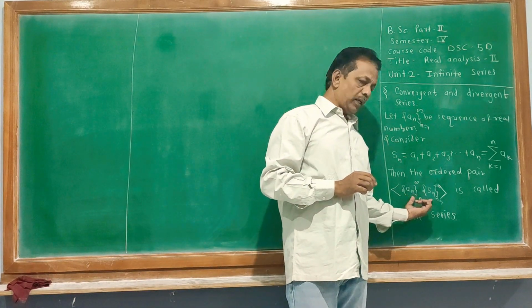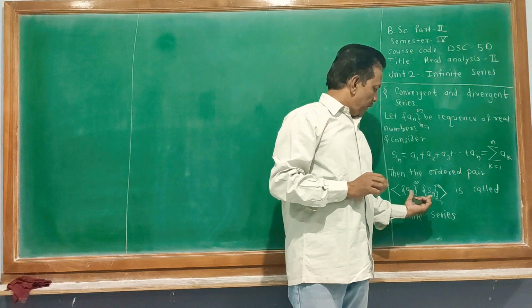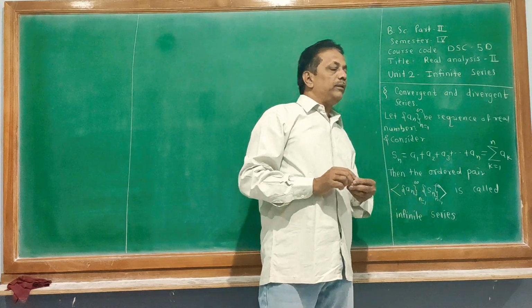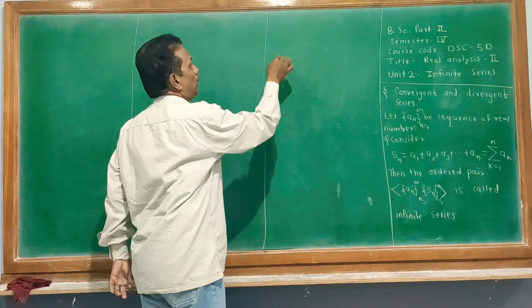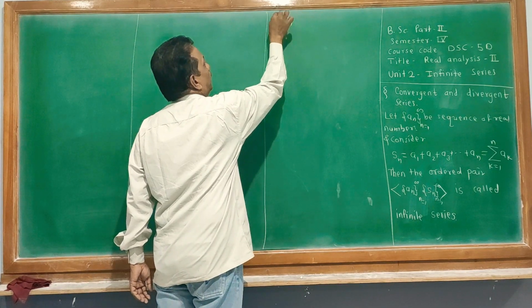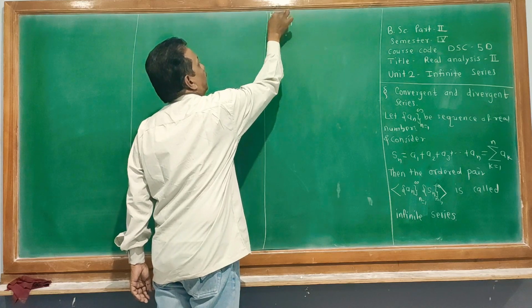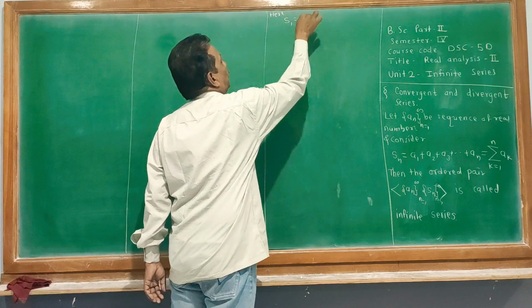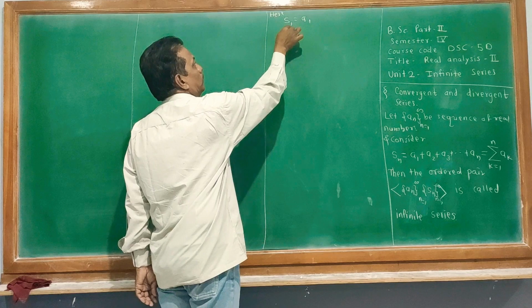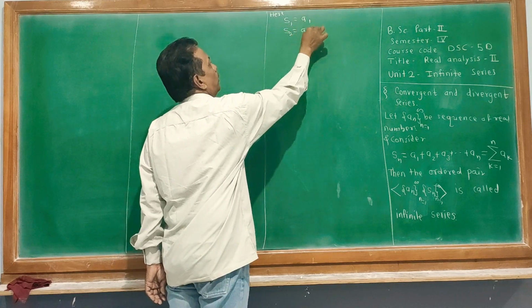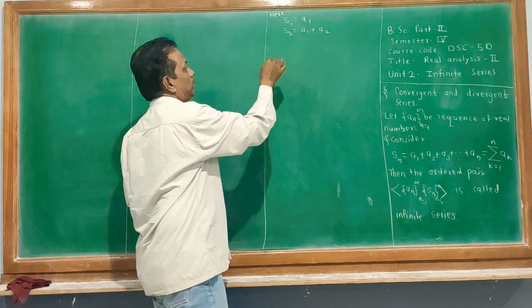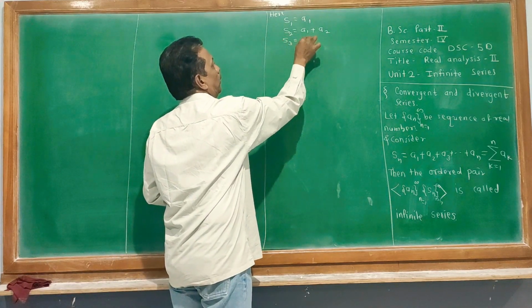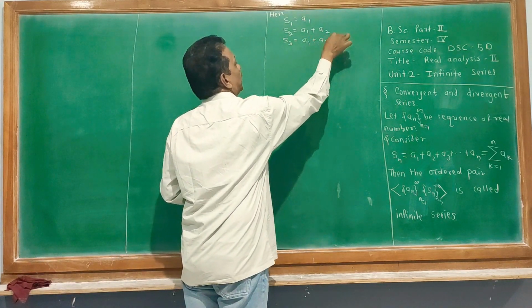In micro level, we are going to consider what are the meanings of An and Sn. Here we can write S1 is equal to A1, S2 is equal to A1 plus A2, S3 is equal to A1 plus A2 plus A3.